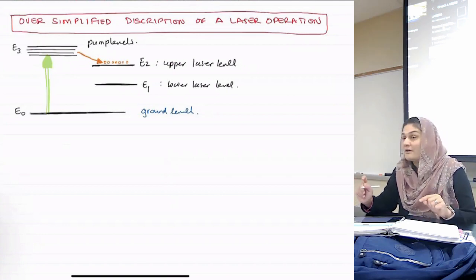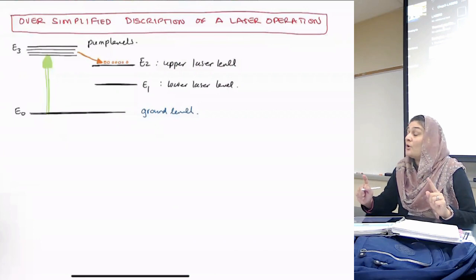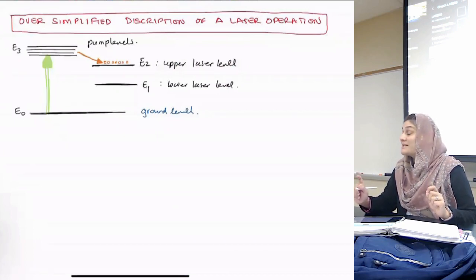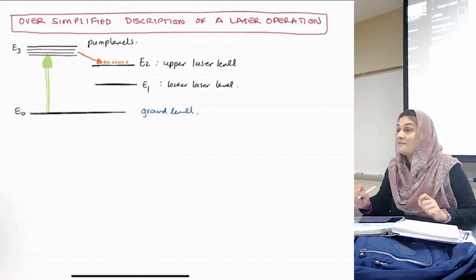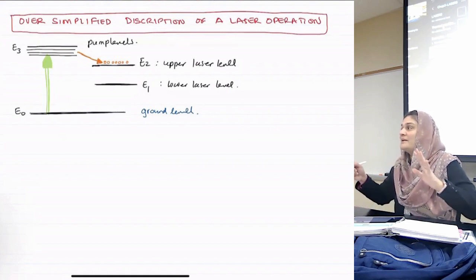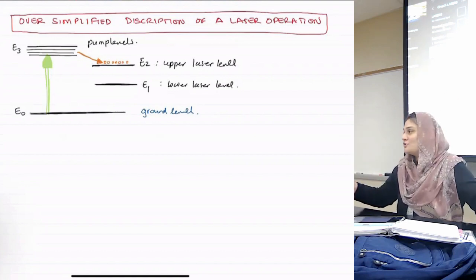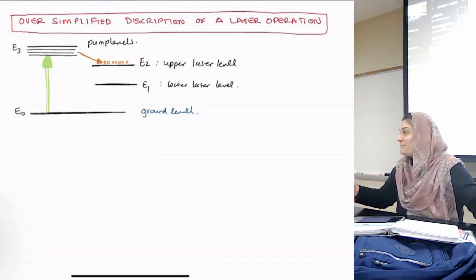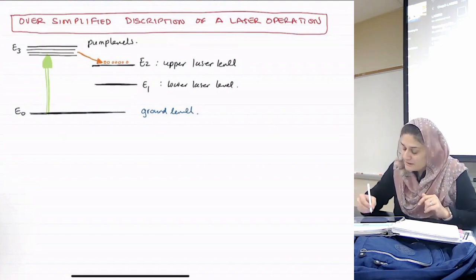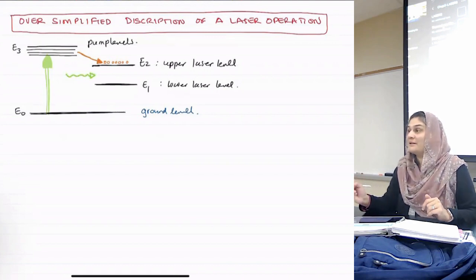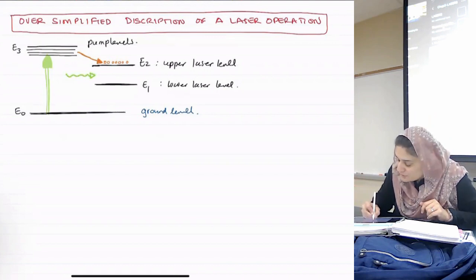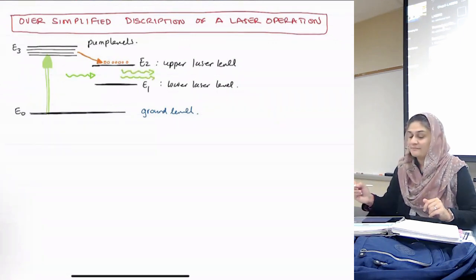The criteria for E2 is that it should almost be a metastable state, which means the atoms should stay in that state for a really long time, which is 10 to the minus 3 seconds, but it's eons in terms of how quickly these transitions happen. Okay? Then, when it settles there, if you have an external photon coming in, it should cause two photons to come out of this state.